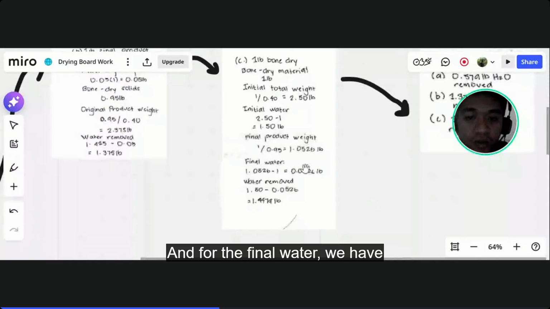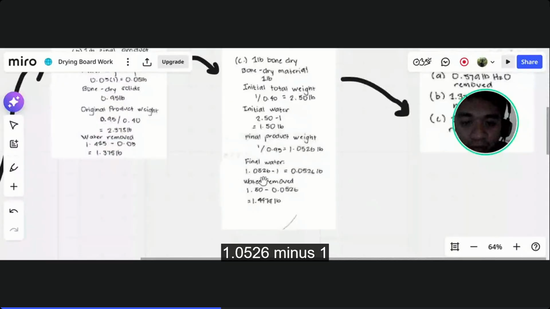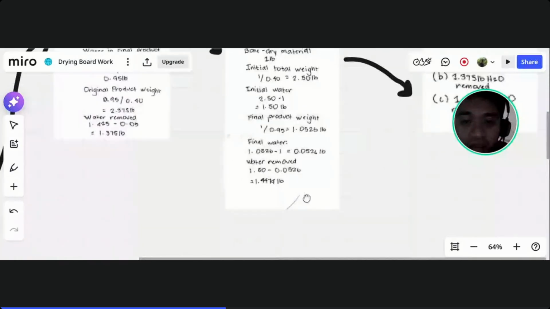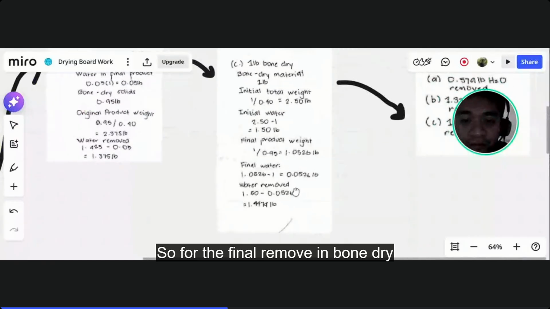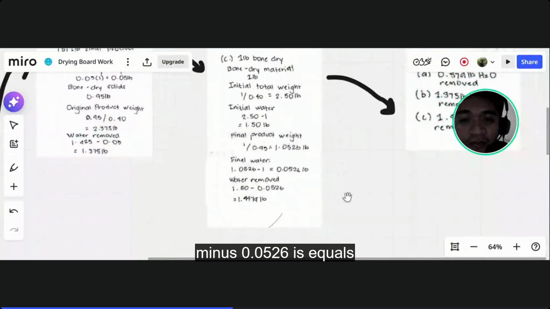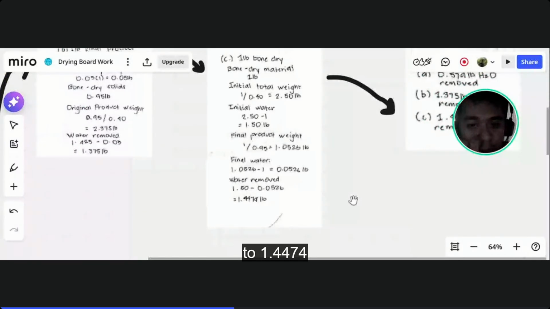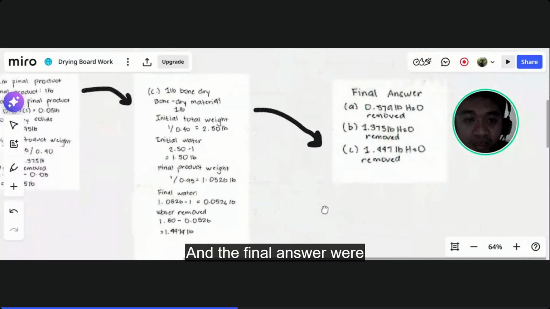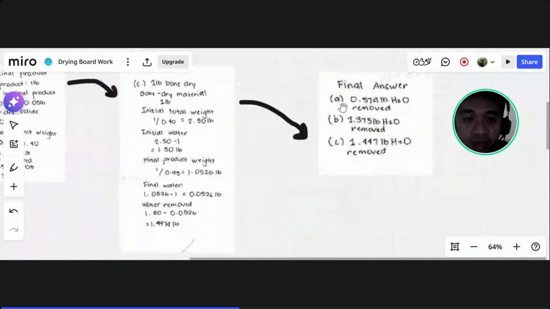For the final water, we have 1.0526 minus 1 equals 0.0526. For the water removed per bone dry material, we have 1.5 minus 0.0526, which is equal to 1.4474 pounds.